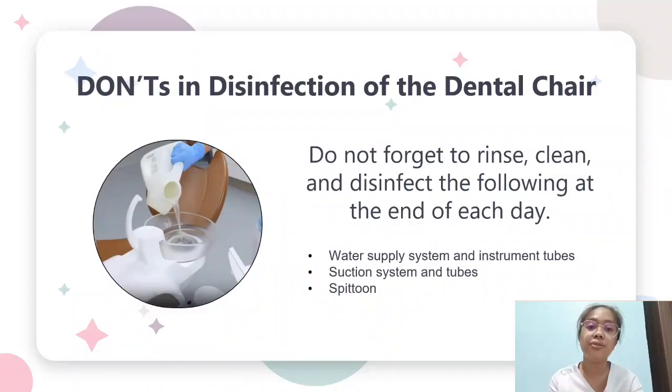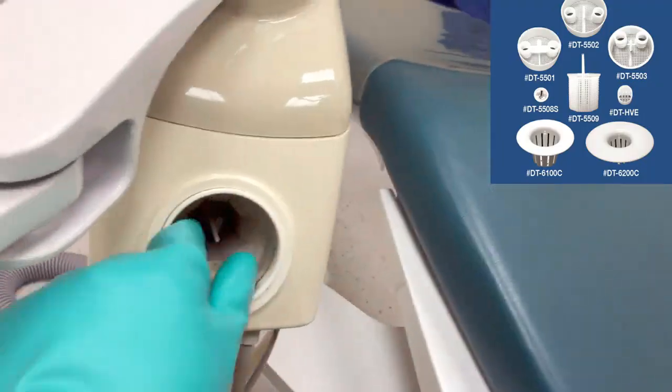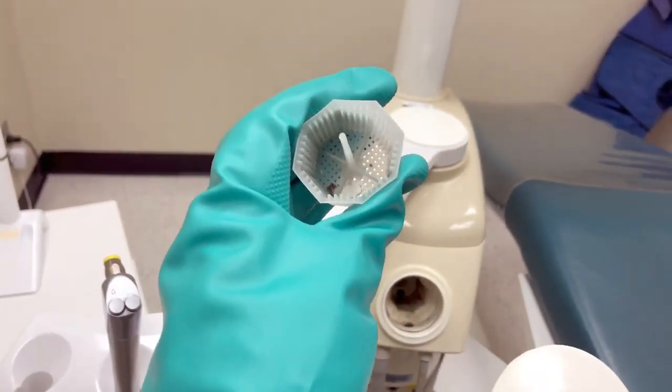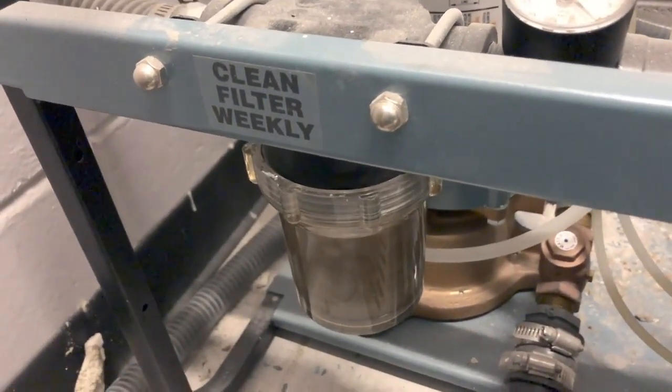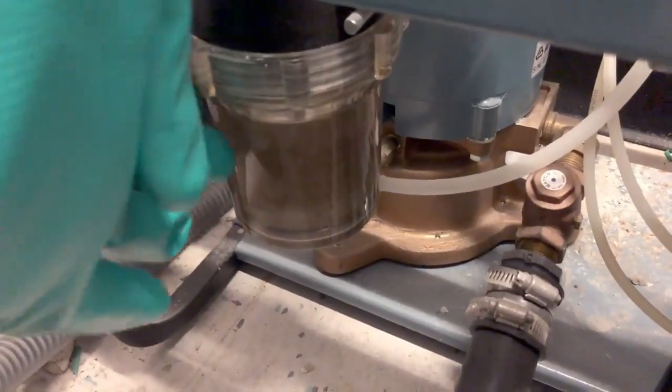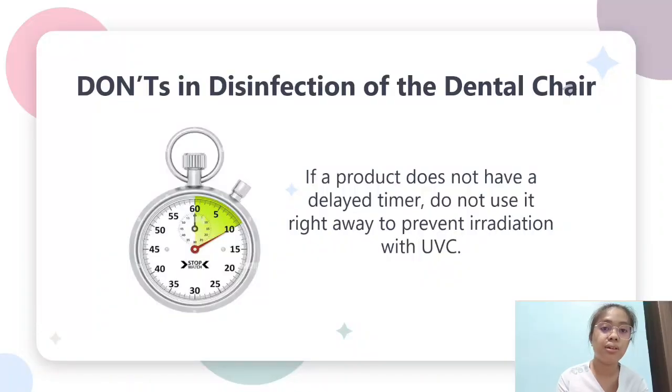The fifth is do not forget to rinse, clean, and disinfect the water supply system and instrument tubes, suction system, tubes, hose connectors, and filter inserts and spittoon at the end of each day so that the dirt doesn't last long and it is clean and prepared for the next day. The sixth is if a product does not have a delayed timer from 10 seconds to a minute, do not use it right away to prevent irradiation with UVC.